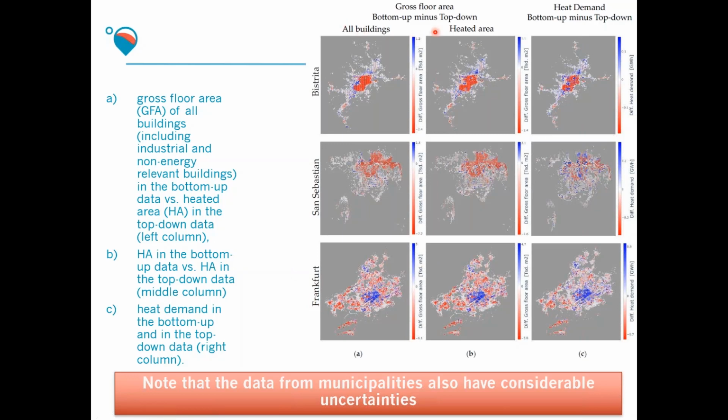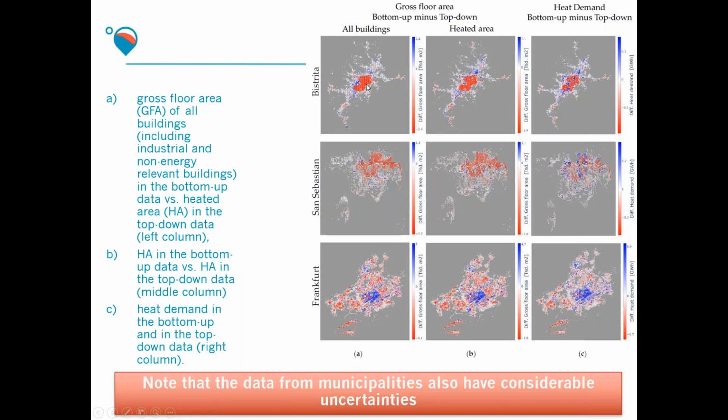We also looked into the gross floor area and the heat demand density in those, and compared the bottom-up and top-down approaches. Here, the blue color shows that the top-down attributes of heat demand or gross floor area had a lower share of the whole demand compared to the bottom-up values.